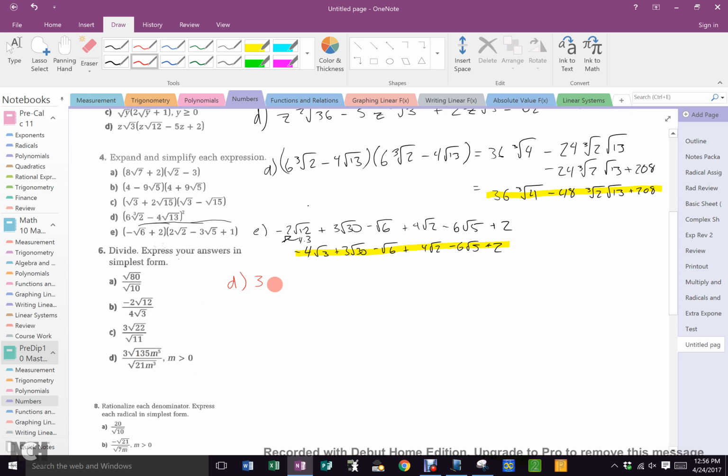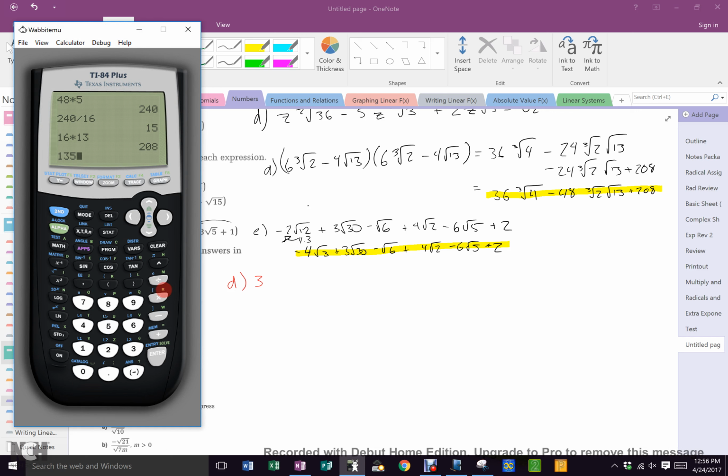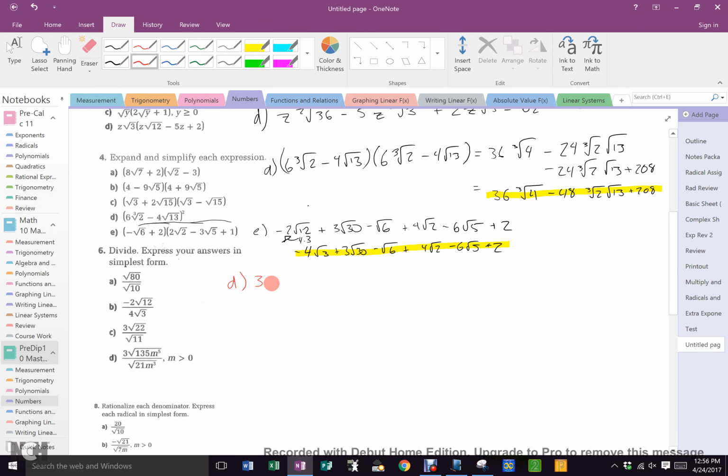But we're going to simplify anyway. So I go to 135. 135 divided by 5. And I get 27. So that is going to be root 9 times 3 times 5.